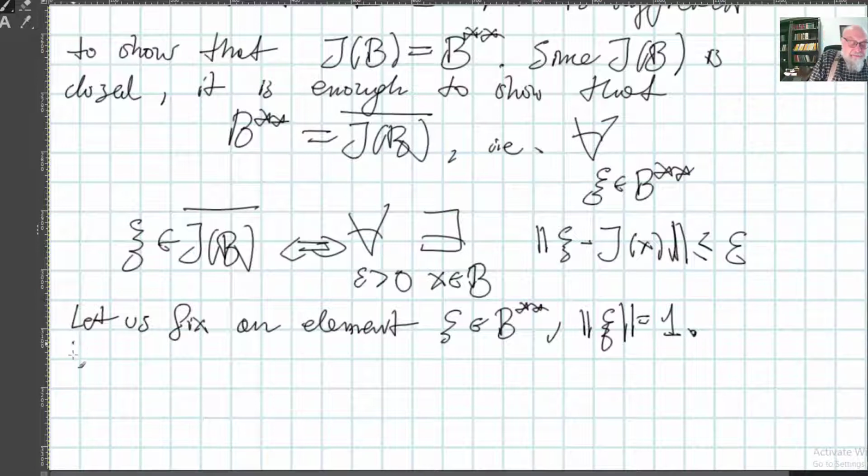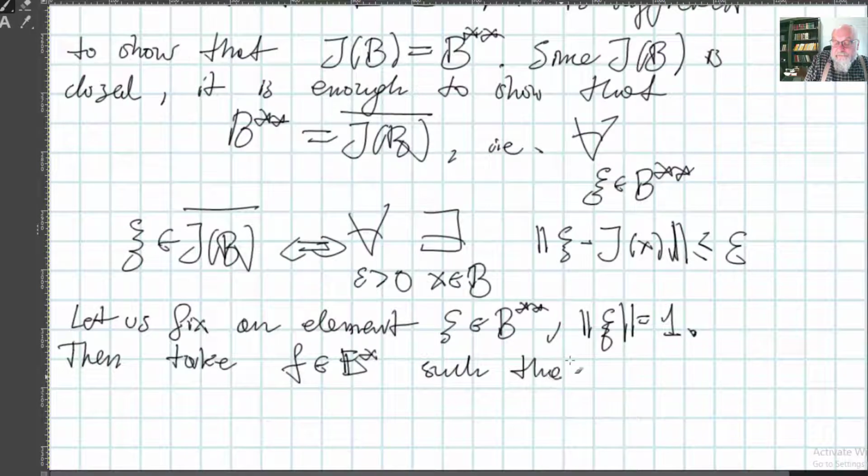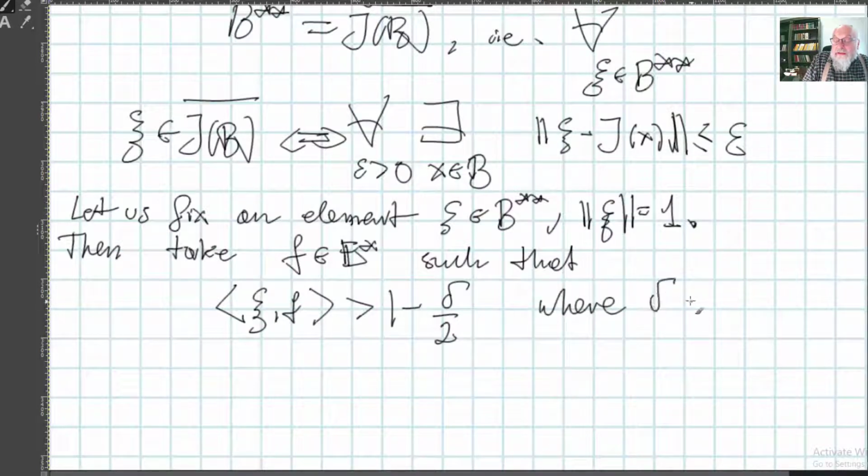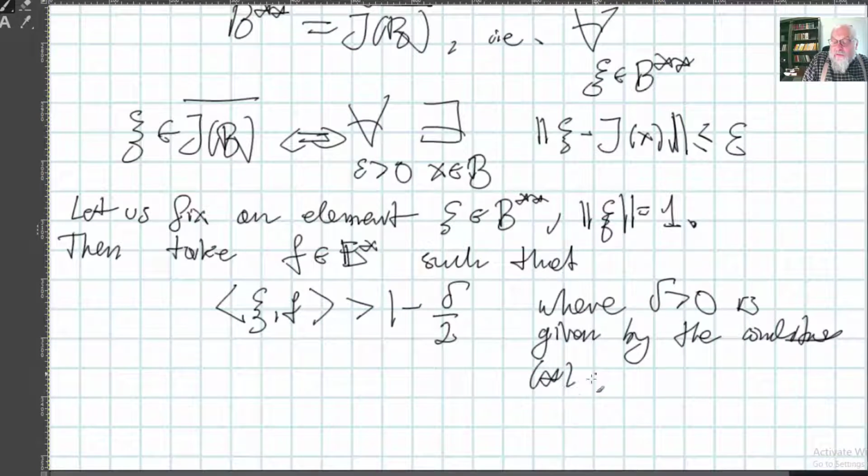Take f belonging to E star such that psi applied on f is larger than 1 minus delta over 2, where delta larger than 0 is given by the condition star of uniform convexity.